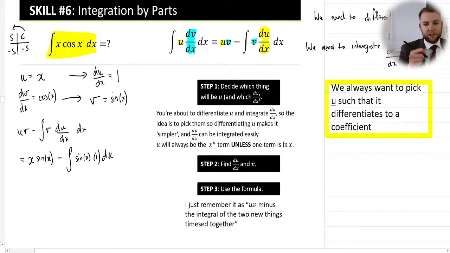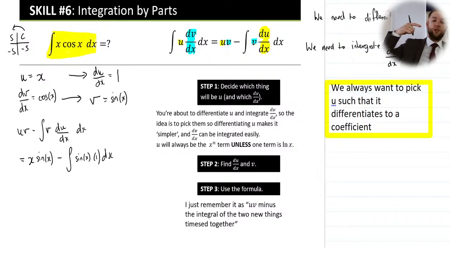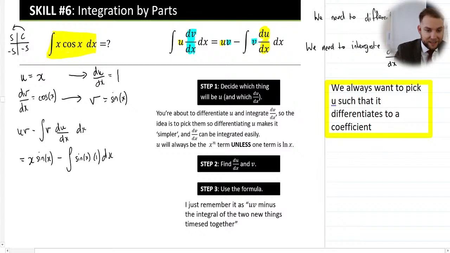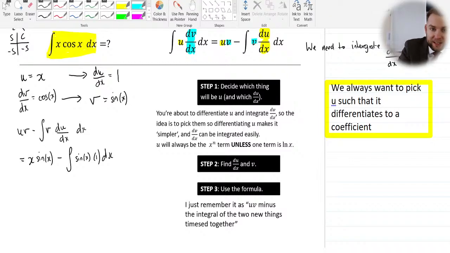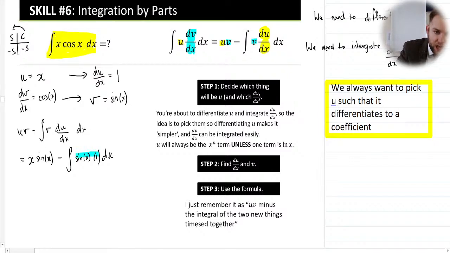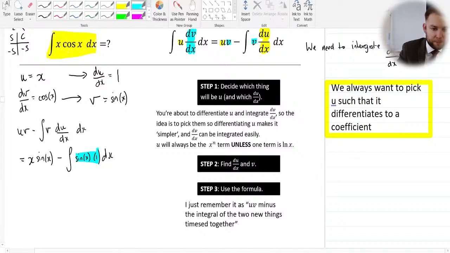Now the reason that we want to have a u which differentiates to a coefficient is that now, if I times anything by a coefficient, I can actually integrate this part here.